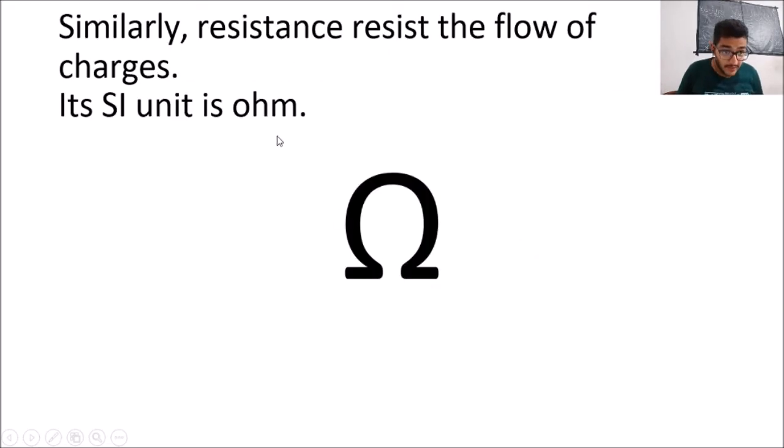In the same way, resistance is there in the flowing of current and the flowing of charges. This resistance is known as electrical resistance, not frictional resistance as in the case of roads. Its SI unit is ohm and it is symbolized by omega. Do not confuse, this symbol is known as omega.